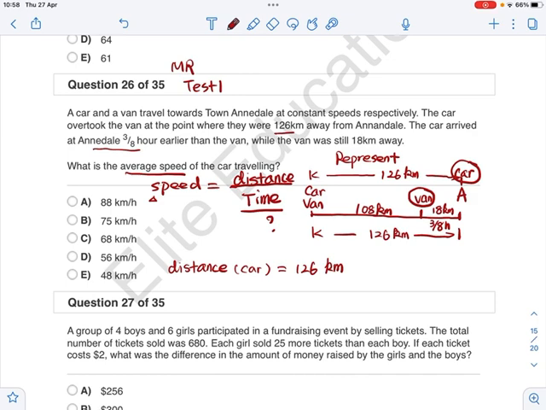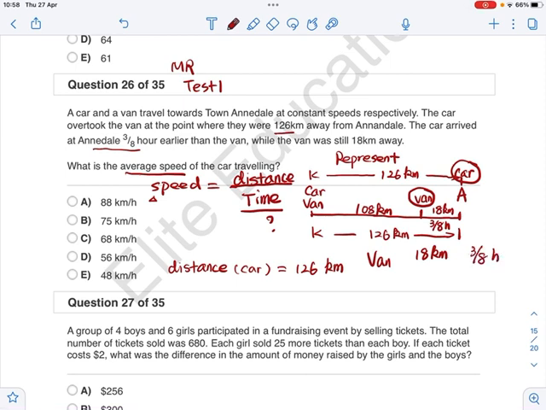Now we know the distance and the time for the van. The van needs 3/8 hours to cover 18 kilometers.